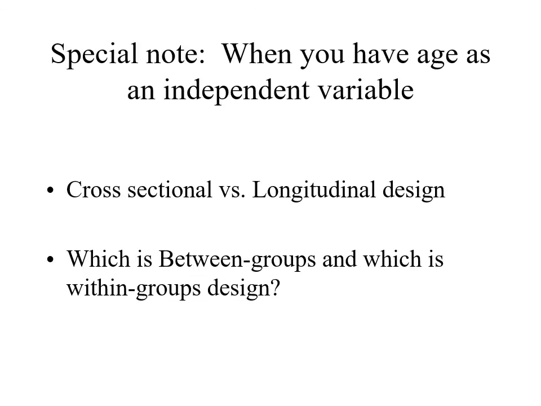Now, I just want to mention one more, and this is when you have age as an independent variable. This is something you guys hear quite frequently. A lot of the time you will hear something like a cross-sectional design or a longitudinal design. One of them is between groups and the other one is within groups, and both of these use the age of the participants as the independent variable.